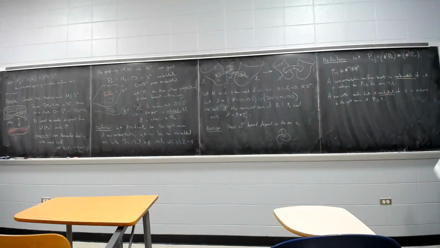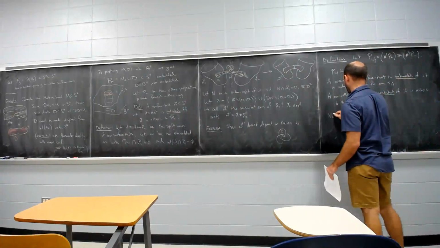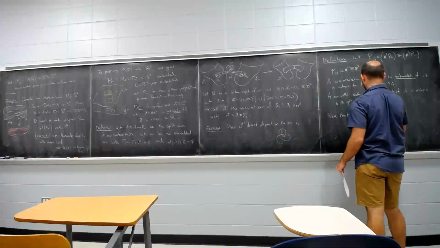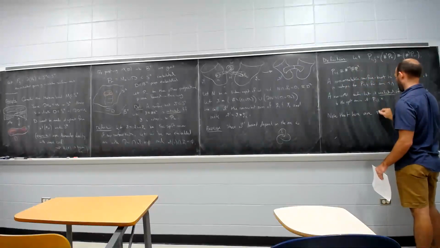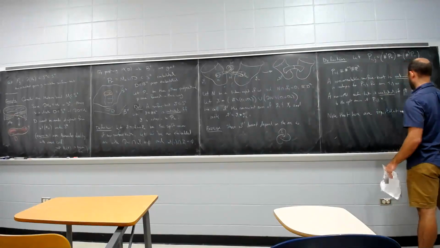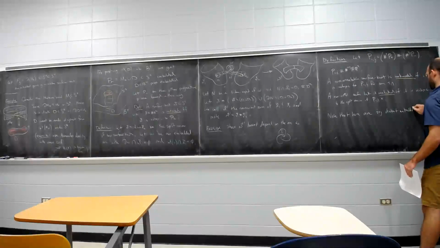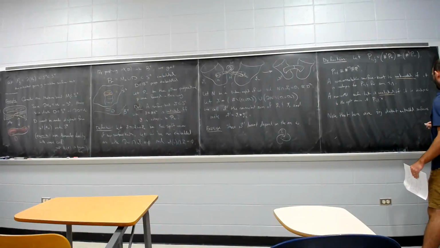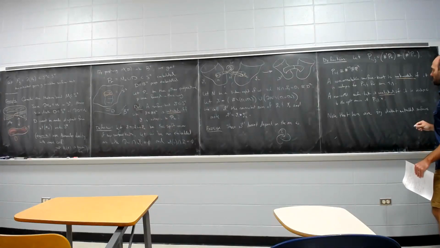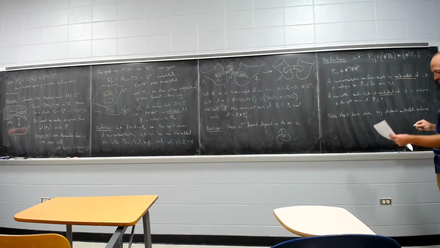What we see is that there are i plus j distinct unknotted surfaces. I got the complexity wrong.